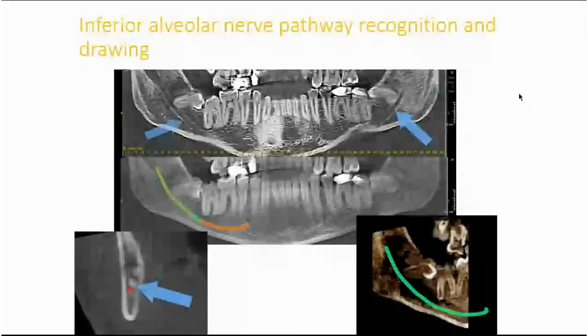But when I had the first volumes to assess with CBCT, we didn't have this dental-oriented option, and we didn't have a tool to recognize and draw the nerve pathway. And sometimes it could be really impossible to follow the whole path of the nerve inside of the jaw.